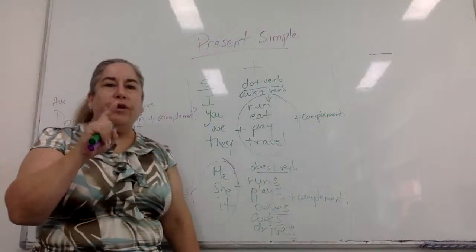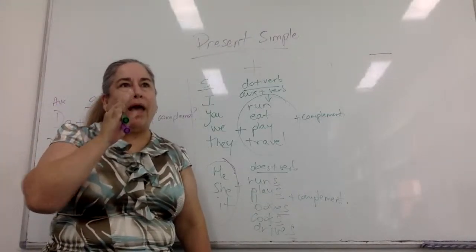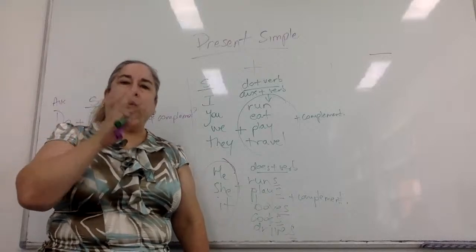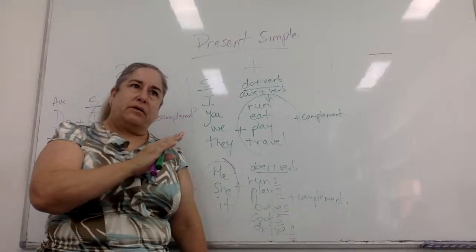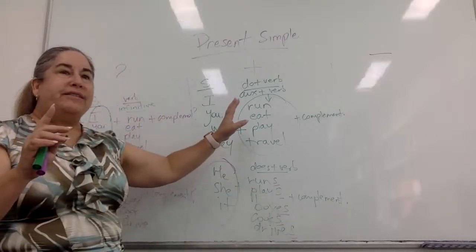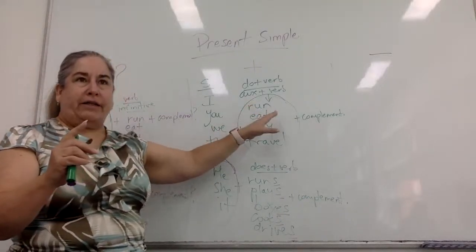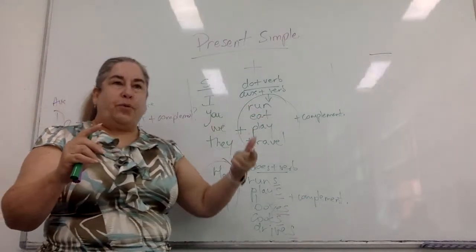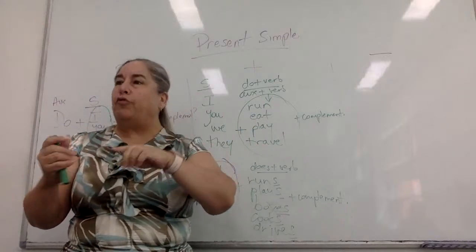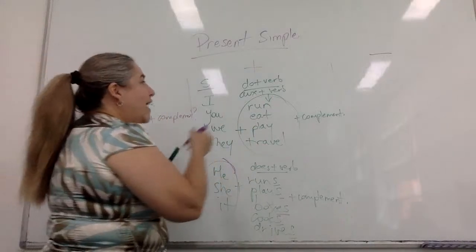And for the same reason, because what we apply in present, we apply in the past. So, for example, if this was past tense, I run. This is present, so the past of run is ran.